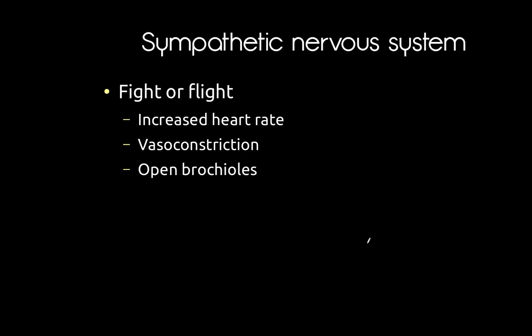Okay, so just to give you some ideas of what the sympathetic nervous system is doing in fight or flight, just a recap. Some of the responses: the sympathetic nervous system can increase your heart rate. It will cause vasoconstriction, which is the constriction of blood vessels. This is going to help blood move more efficiently and more quickly to your skeletal muscles.